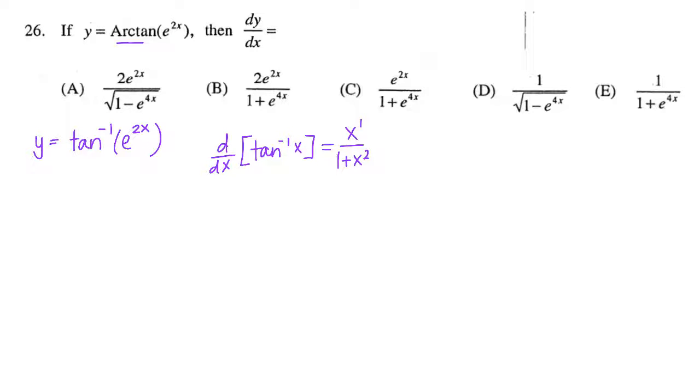So we're going to apply that formula here, and so dy/dx equals 1 plus x squared, but notice what's inside here: e to the 2x all squared, over the derivative. The derivative of e to the 2x is 2e to the 2x. And so it looks like we should get answer choice B.